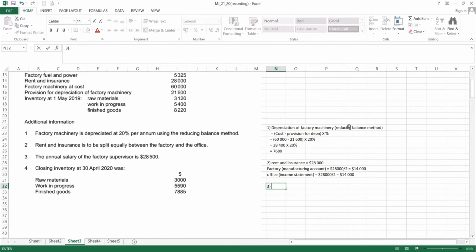They mean this one is an accrued amount. Factory supervisor salary. Okay, so we have the amount. How much shall we accrue? Let's see.